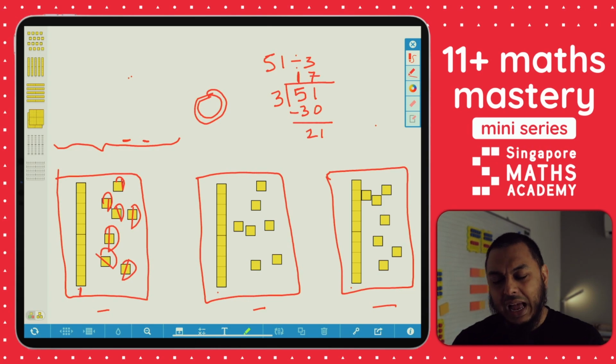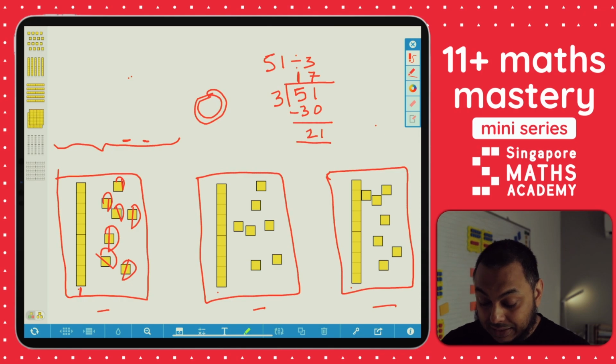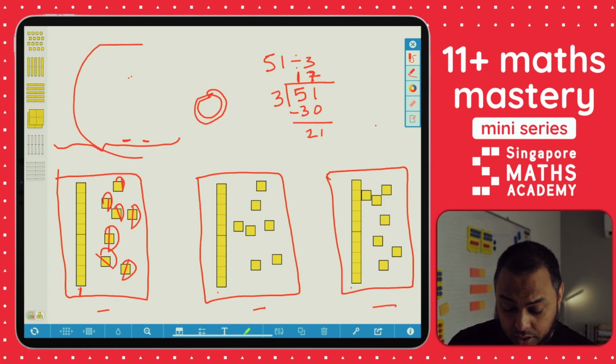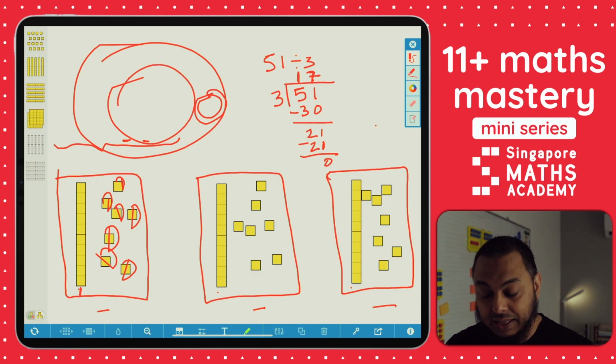So I had 21 remaining, and what I did was I shared the 21 out. And now each of my friends has got 7 ones. And I can see here, I've used all the 21. So now I've got 0 remaining. You can see there's absolutely nothing here.